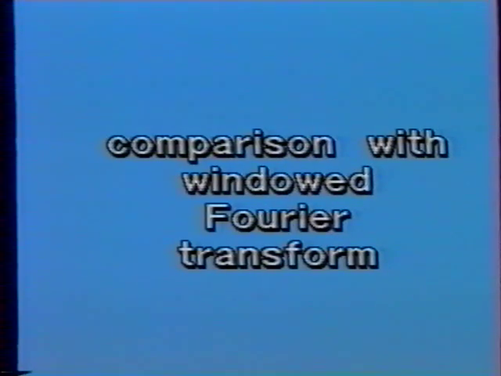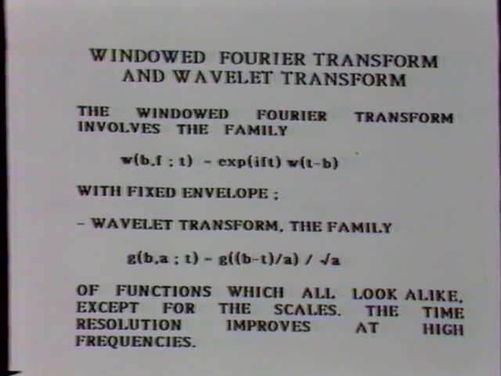An important question is the comparison of the windowed Fourier transform and the wavelet transform. The two methods have many features in common. The most important difference is the way in which one moves across a frequency range in the two methods.